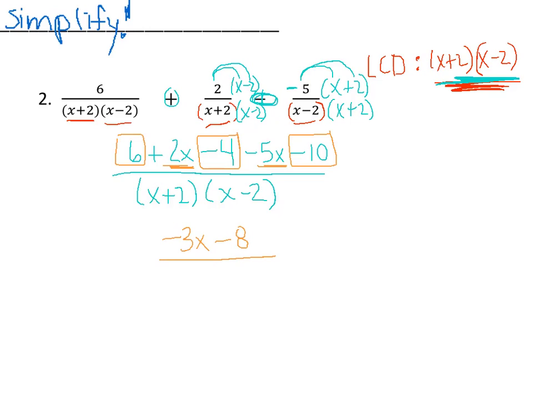So that's what that combines to be. Now I still have the x plus 2 and the x minus 2 in the denominator. Is there anything else that I can do to factor or to simplify? Well, on top, I have a negative 3x minus 8. Because it is linear, I'm looking for a common factor that I could factor out. 3 and 8 do not have a common factor, and so this is factored all the way. And this is your final answer.